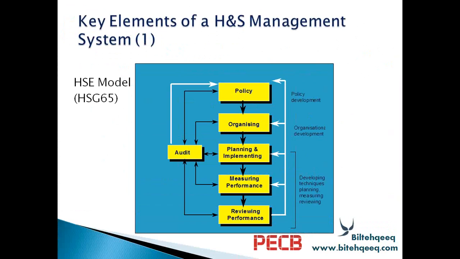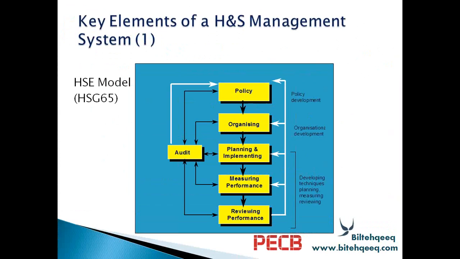You can see on this slide some key elements of a health and safety management system. These start from the policy, then organizing, then planning and implementation, then measuring performance and reviewing performance.